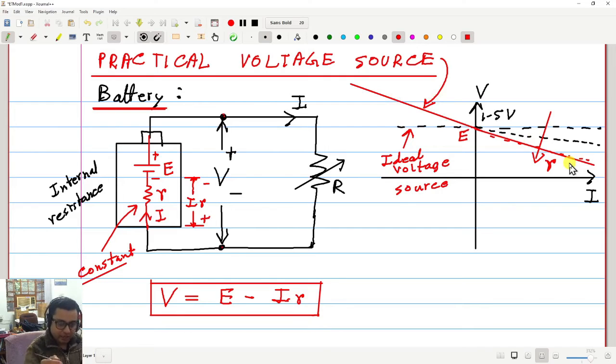A battery is a practical voltage source. And for a good practical voltage source, this R value should be small, and therefore this line should be as horizontal as possible. The more horizontal the graph is, the better the source.